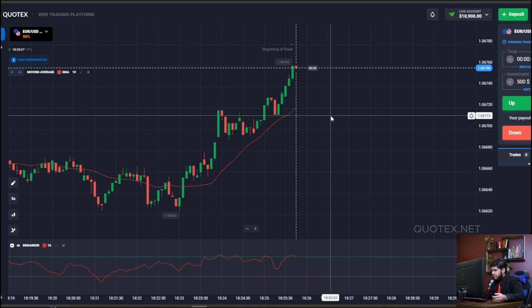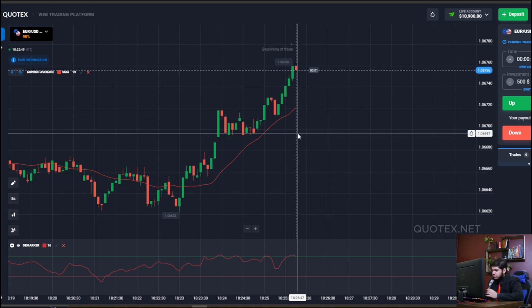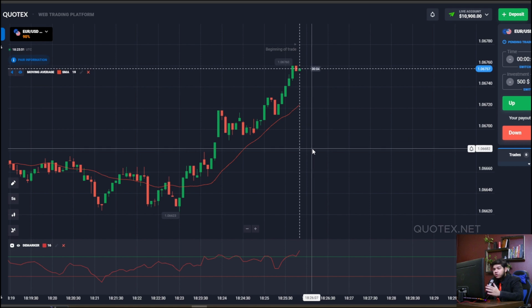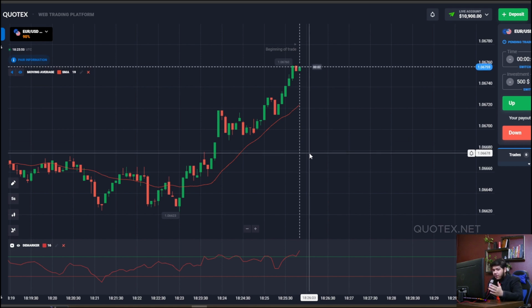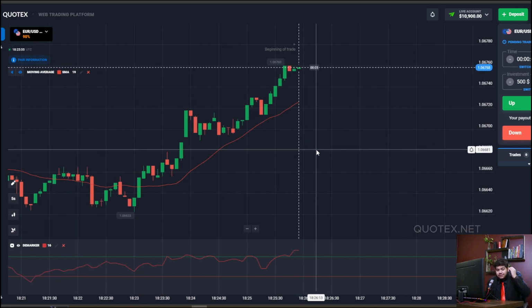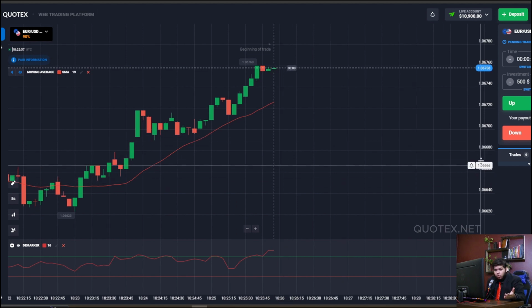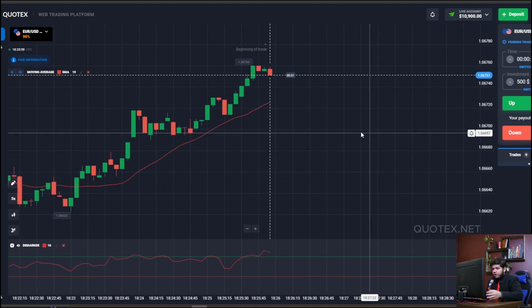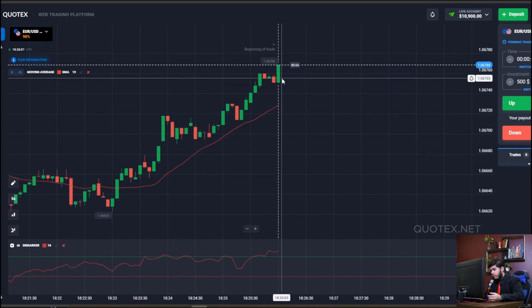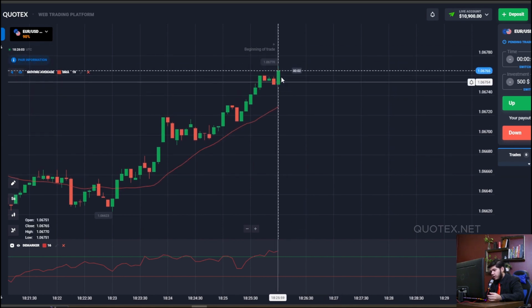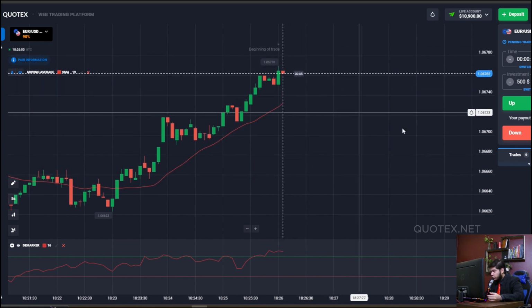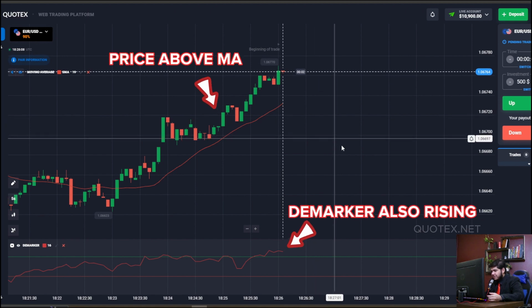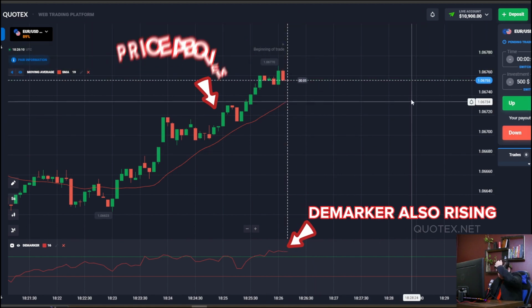So let's wait for the opportunity. Meanwhile, guys, make sure that risk management is your first priority, because in financial markets the price can always go against you. So here you can see the price is pumping above the moving average, and the DeMarker is also rising. So let's wait a bit more to see the market trend.